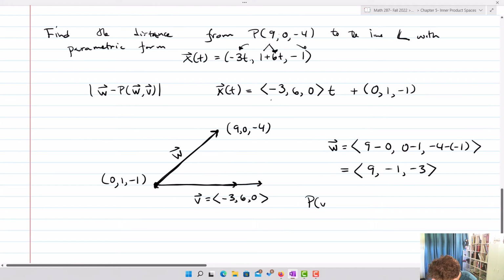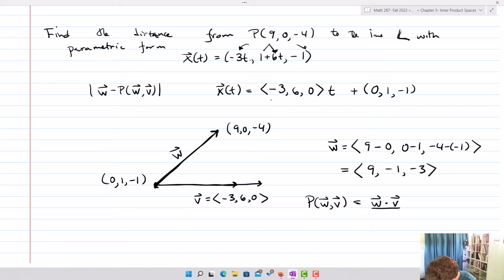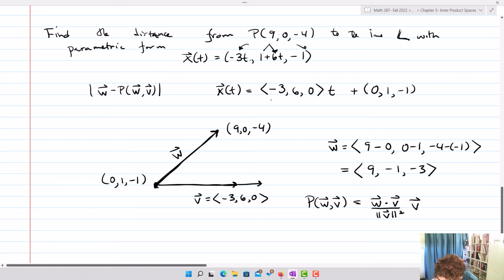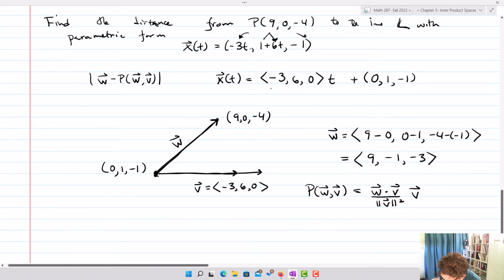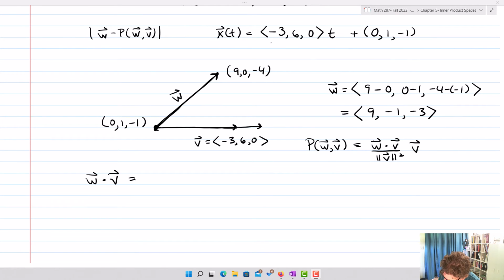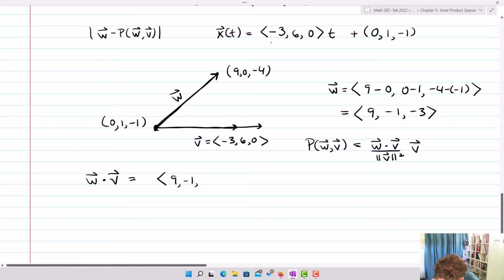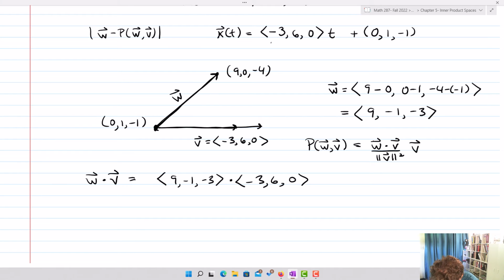Now we need to find P of WV. The equation for P of WV is W dotted with V over the magnitude of V squared, times V. W dotted with V is 9, -1, -3 dotted with -3, 6, 0, which equals -27 minus 6 plus 0, so that's -33.